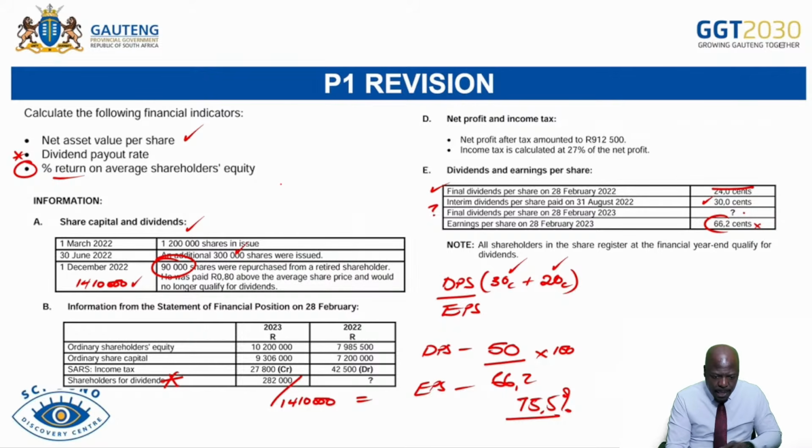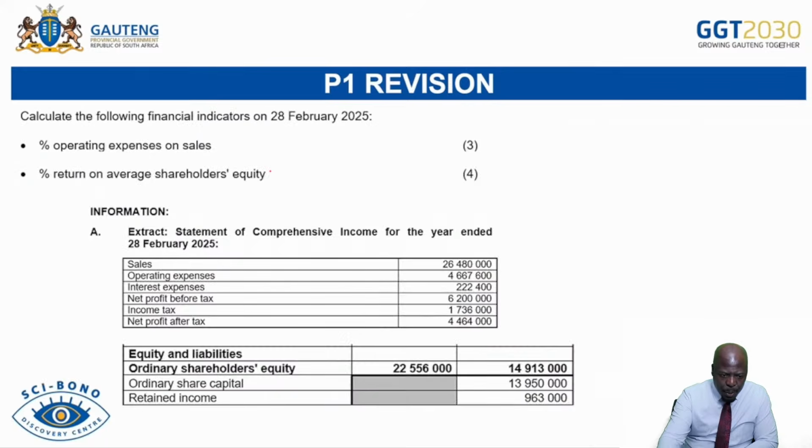Okay, let's see if we're able to do it together. What I can do is calculate it from here. So I'm going to do this one, and I just do again the percentage return on average shareholders' equity here.